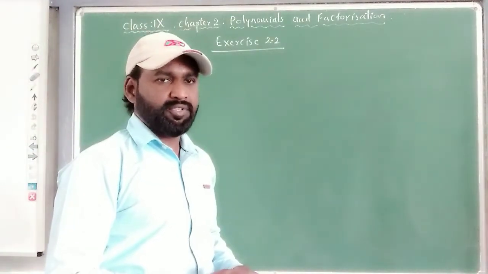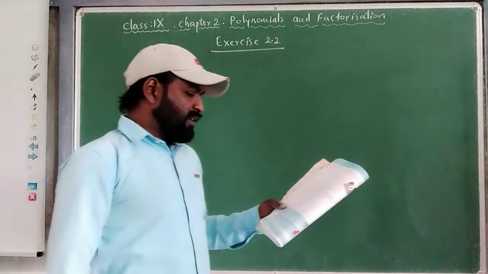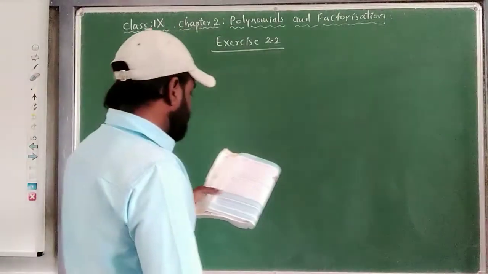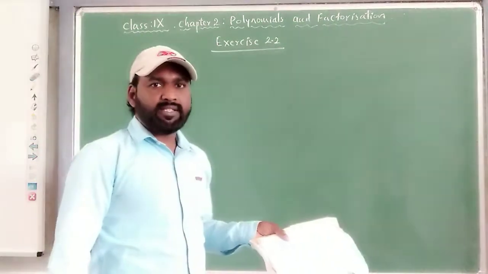What is given in the first question? Find the value of the polynomial 4x square minus 5x plus 3 at different values of x, which is given here.